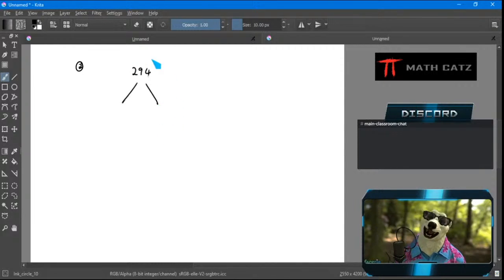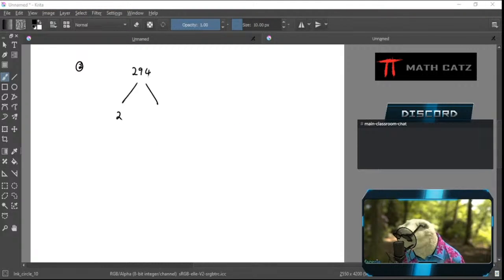I don't waste a lot of time looking for the two numbers to be similar size or anything, just whatever you see. If all I see is, well, this number is even, so it's going to be 2 times something, that's fine. Don't spend a lot of time trying to come up with bigger numbers or anything. It doesn't matter. Any split of the number into the product of two numbers is fine. So then, maybe to be sure, I'll do a little division: 294 divided by 2 to get the other side of that split.